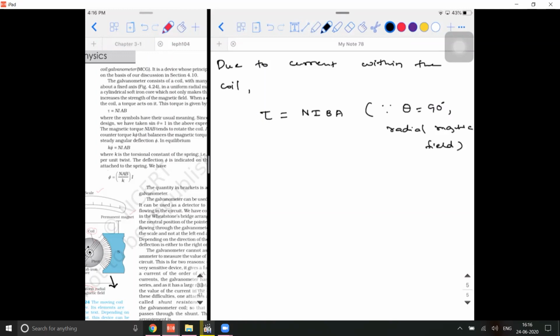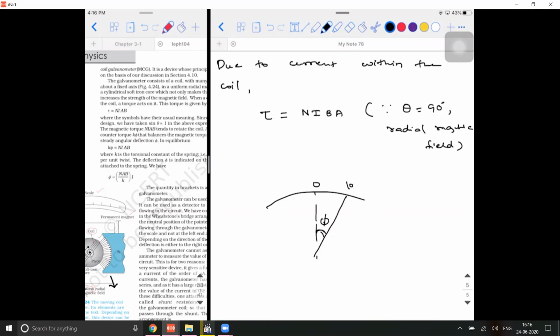Okay. Let us say this much torque is able to put the pointer at, let's say, 10 divisions starting from 0; there is some angle created here, right? I'll call this phi according to the textbook, because theta is used for sine theta. I'll call this the deflection. Now, due to this deflection, what will get created within the spring?